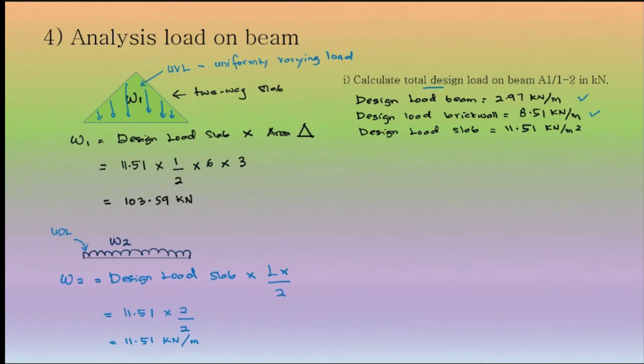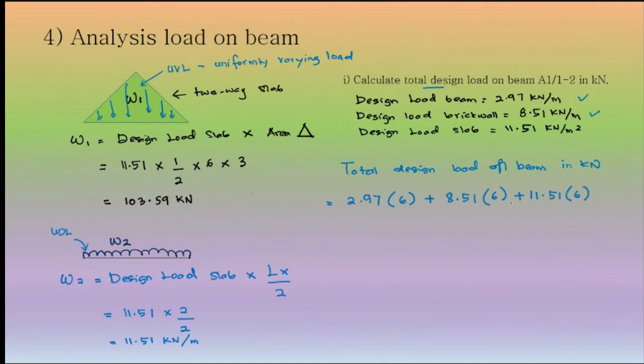Okay, guys, remember here. So total design load on beam in kilonewton equal to, we start with design load beam, 2.97 times with 6 plus 8.51 times with 6 plus W2, 11.51 times with 6 and plus 103.59 already in kilonewton unit.